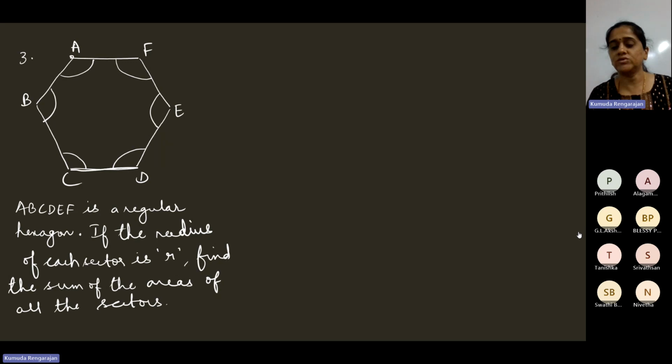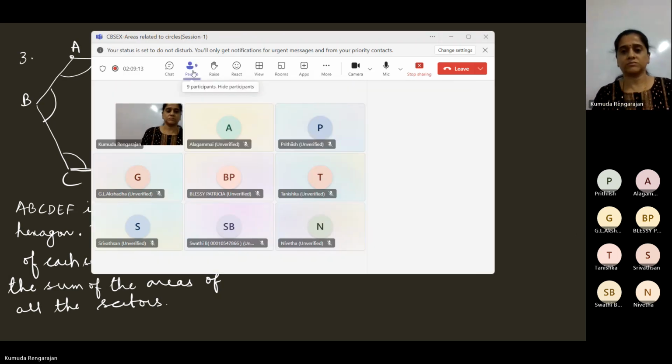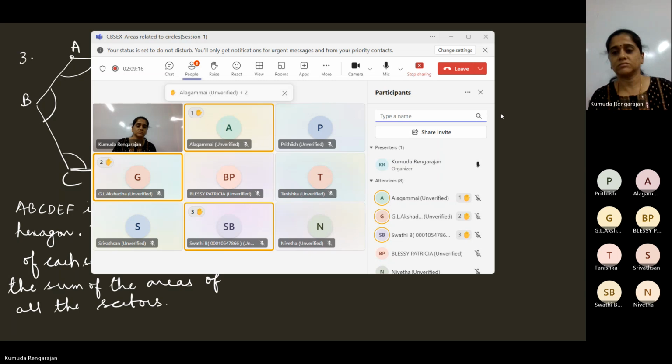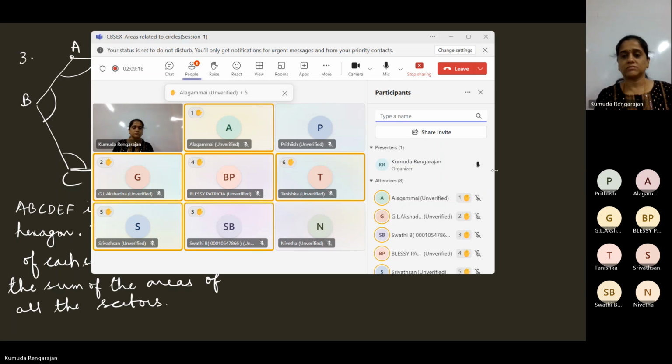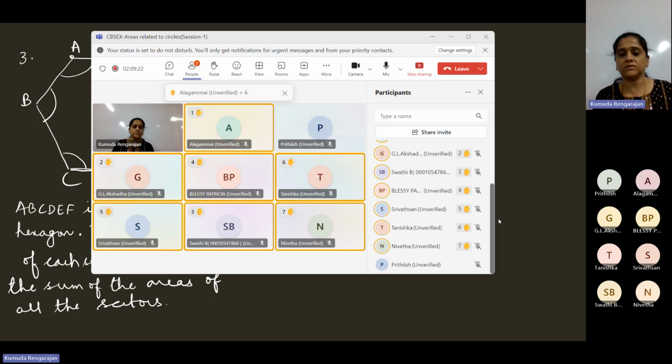Online children, use the emoji. Raise your hand. Okay, Aragamai, Akshada, Swati, Blessy, Srivatsan, Tanishka, Niveda, and Pratish, are you there?